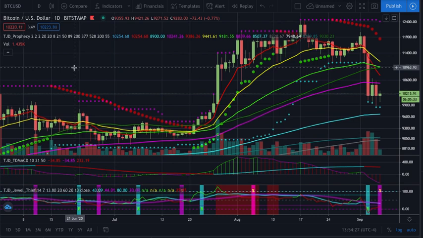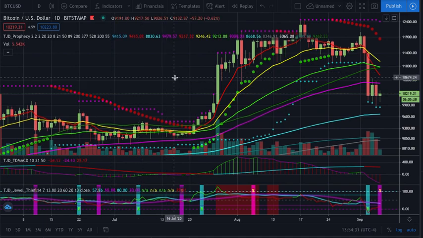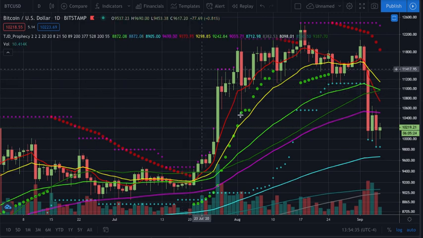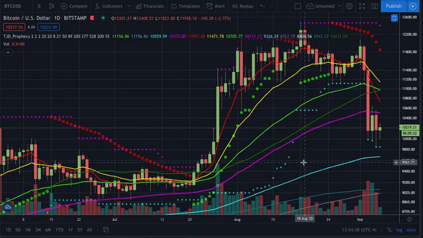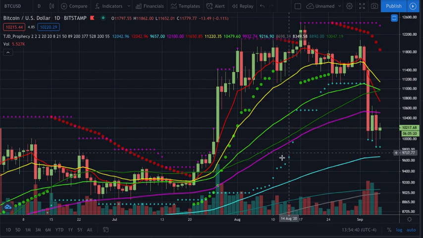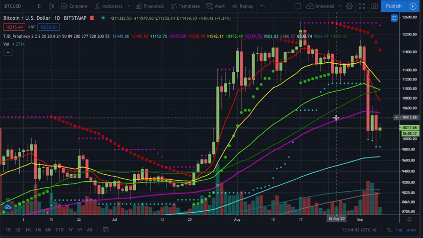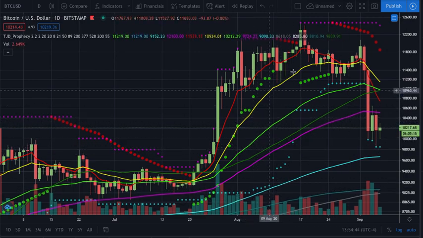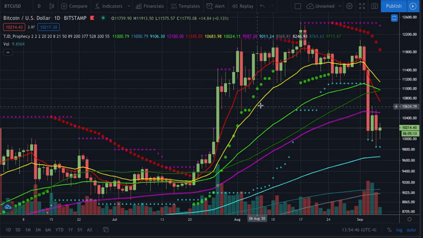All right, so we'll start with the prophecy first. I'm just going to get rid of the other two, and we'll just look at that one. So essentially the breakdown of this indicator, there's a bunch of different parts. Obviously starting with first off the moving averages. They're the most important part, most basic part.